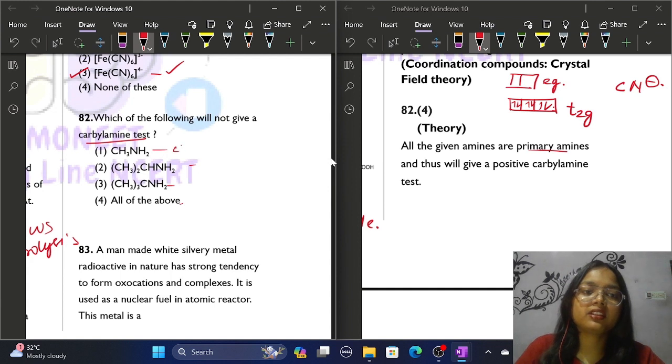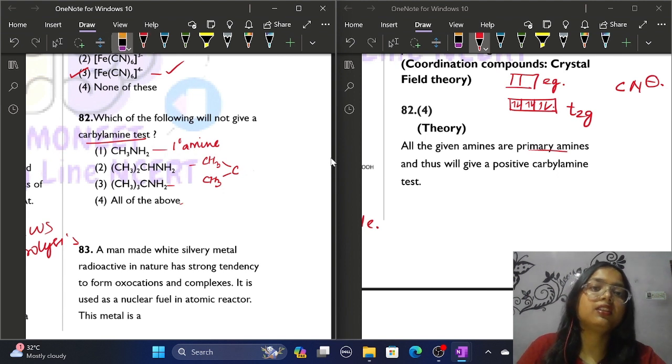So if we draw, this is the simplest primary amine. Yeah, so this is the 1 degree amine, and this is also 1 degree amine, right? Because the branches are there in the carbon. So don't ever get confused that it is a 2 degree amine, okay? Here it is 1H and here it is NH2.